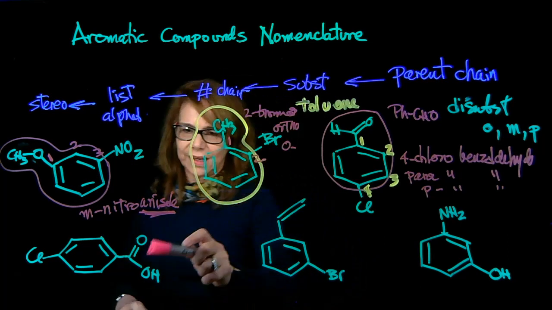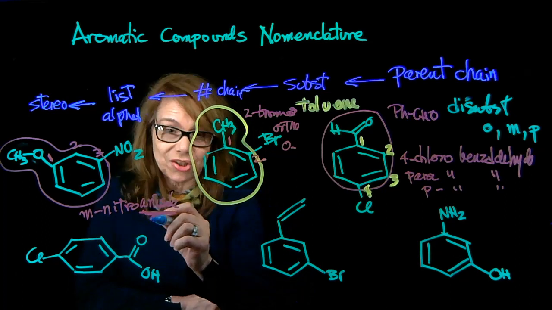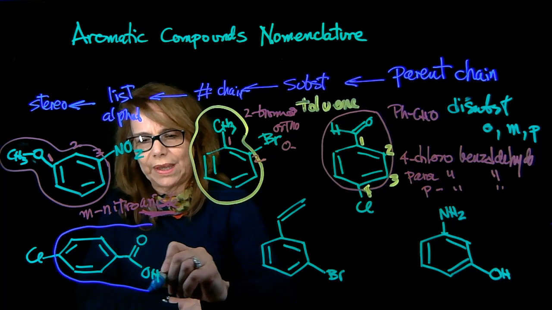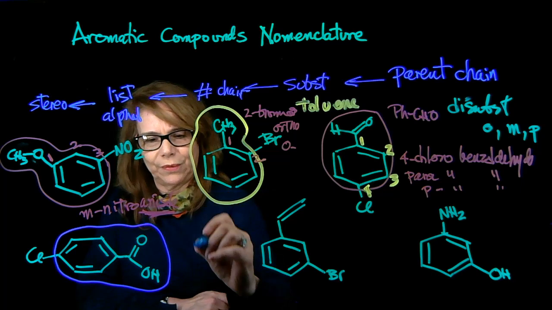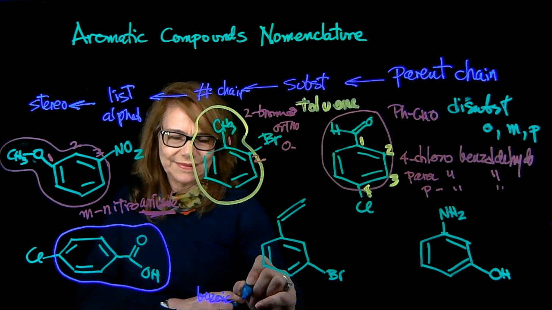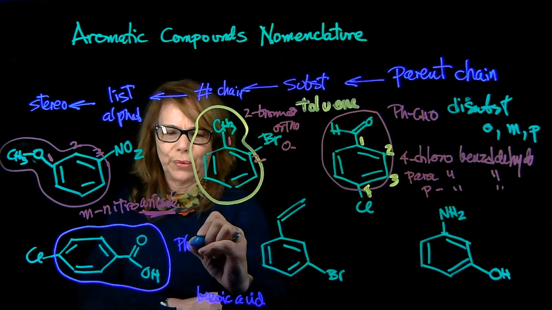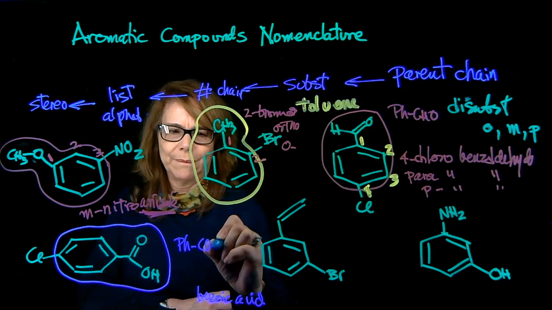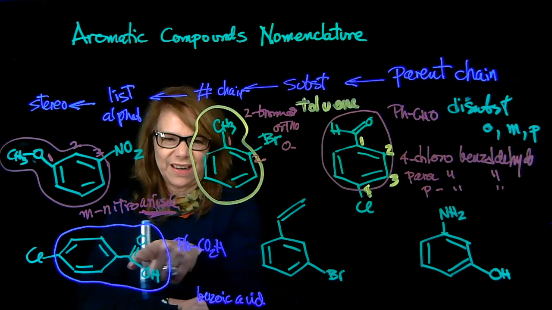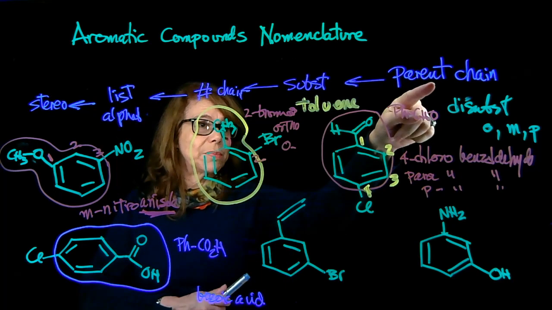Now here, let's name this one. It's another parent chain that we need to remember, and this is benzoic acid. So benzoic acid, and you may see this also written like this, same thing, but abbreviated. Now here I'm showing the functional group. So next, the parent chain is benzoic acid.